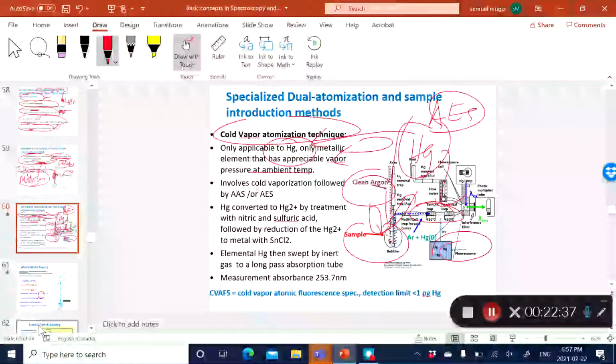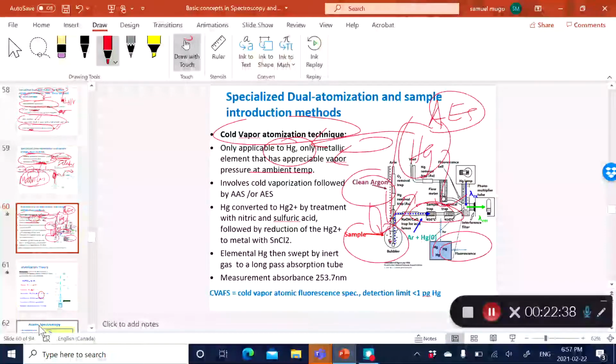And so if I give you a sample, maybe it's a water sample, often mercury would be present in form of ions. So you need to take that sample and reduce those ions or cations. You reduce them into the metal, and then after that, you can sweep it using an argon gas into the atomizer, if you're dealing with an AES system.